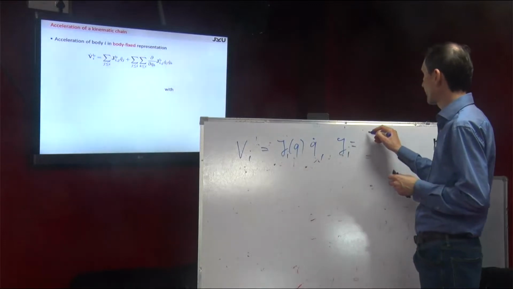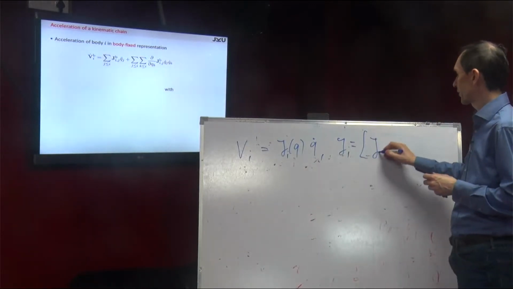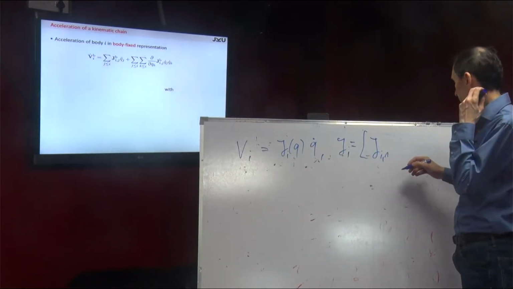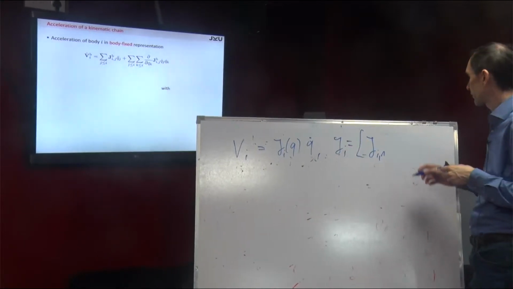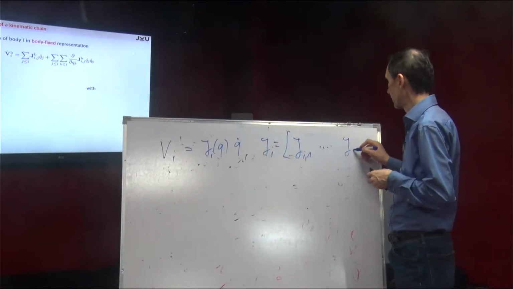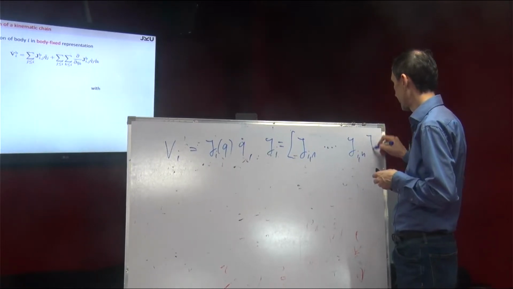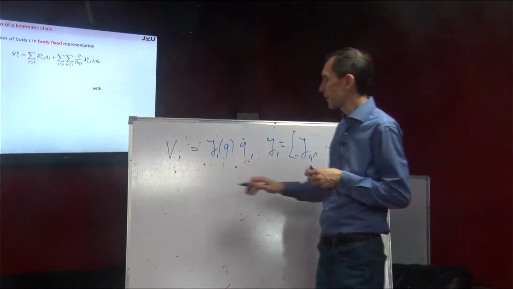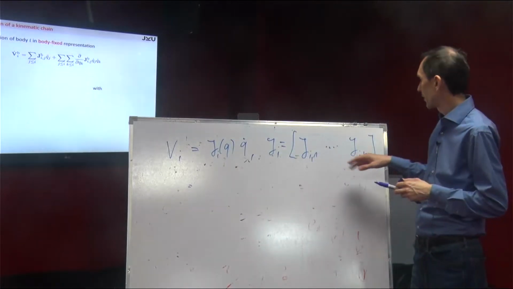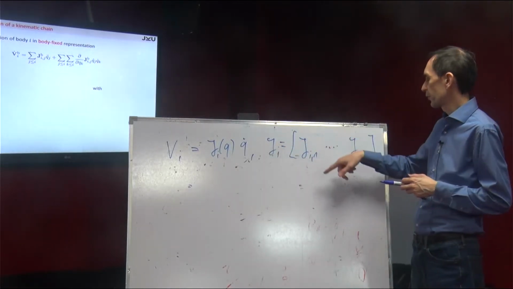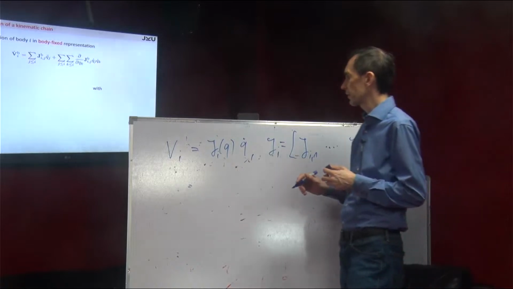And the matrix we said was the one that consists of, well, we have n columns because this is an n vector. So this goes till n, okay? Which is the same as writing this here as, because what happens is that you multiply q1 dot with this first column and q2 dot with the second column and so on.